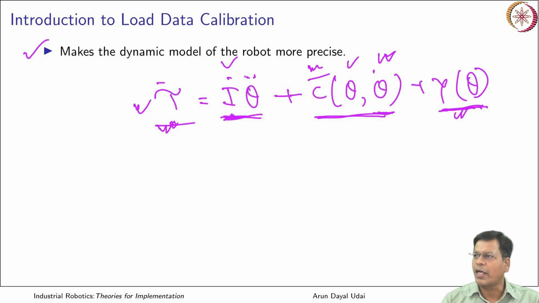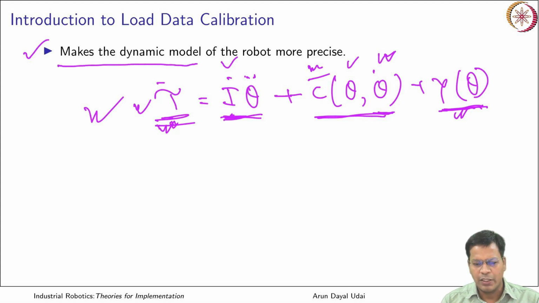Quite often there is model-based control, in which you use this particular model of your industrial robot to feed forward the torque to your robot, then check the errors and use some gains to control the robot more precisely. That is what is used in most industrial robots. In this case the dynamic model is more refined: if you put in the values of moment of inertia and the masses, your dynamic model becomes much more refined.